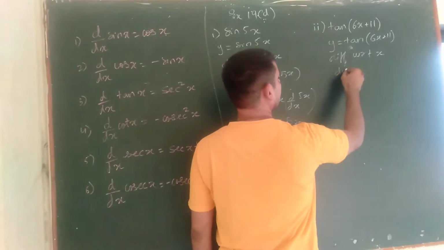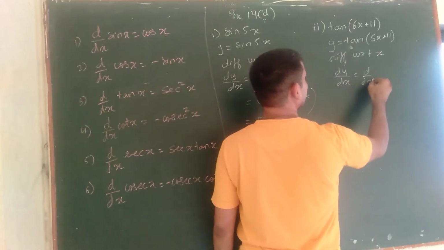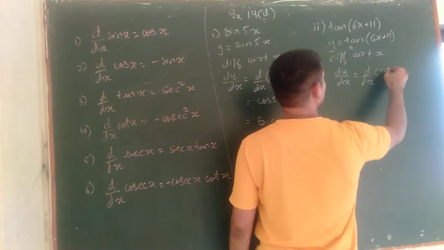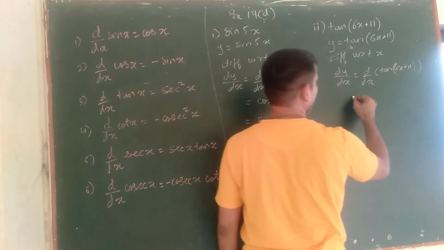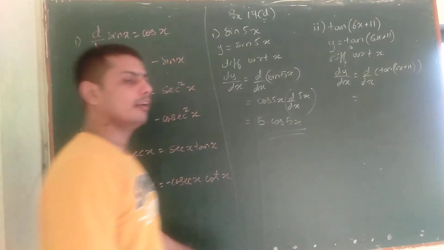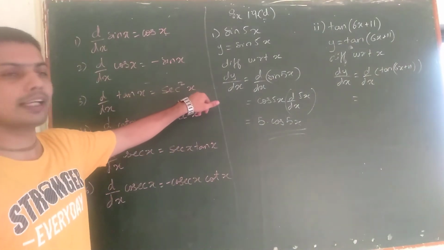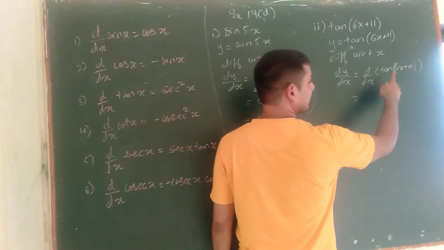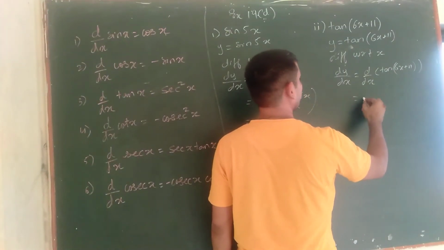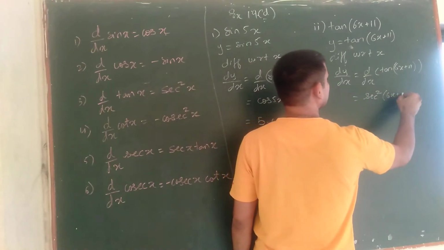So you get dy by dx is equal to d by dx of my function, which is tan of 6x plus 11. Now what is the derivative of tan? From this formula set I can see the derivative of tan is sec square x. So tan of 6x plus 11 becomes sec square of 6x plus 11.